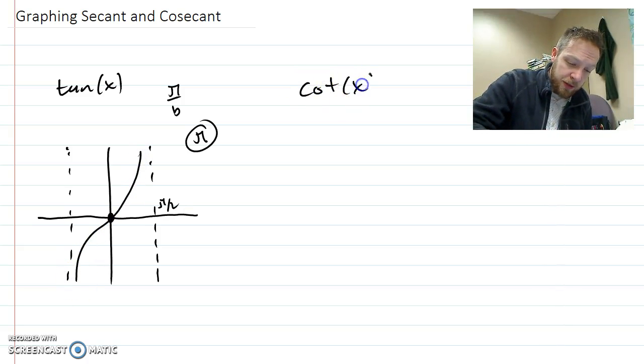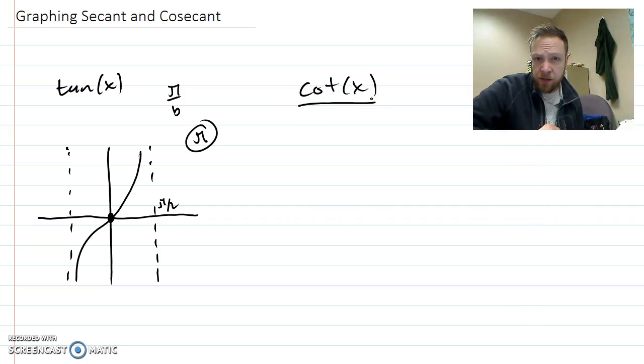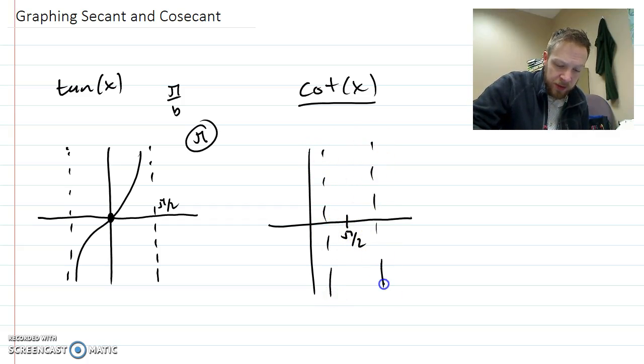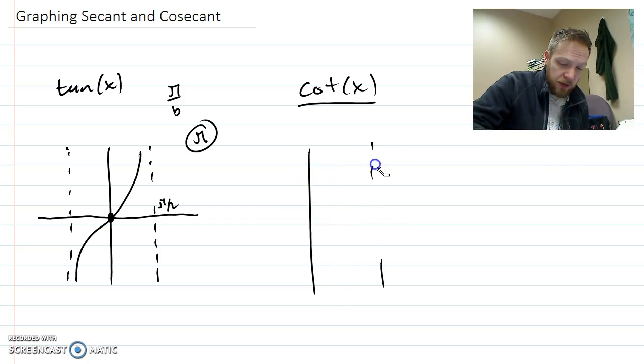For cotangent, it's a little different because the center is always going to be half of your period, and it's not always going to be at pi over 2. So there were some yesterday that would get to pi over 2, and then they would adjust their period inwards to the center, which isn't going to help you. That's not the way you should think about it.